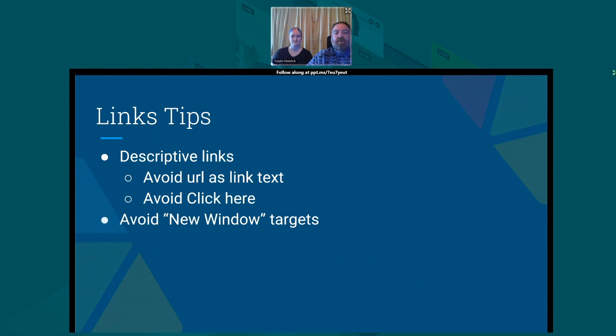So the text should be the target about where it's going to, not the fact it's the URL. And the other aspect is about new windows. We've all in the past probably been using a new window for any link that's going outside of your Moodle site. Now, while that might seem logical to some, and I must admit at one stage it seemed logical to me, I was wrong.